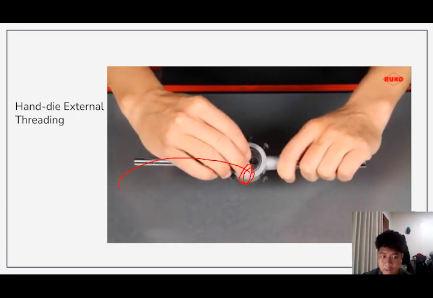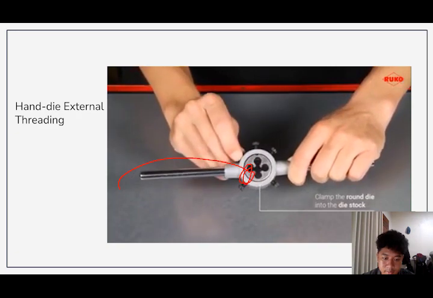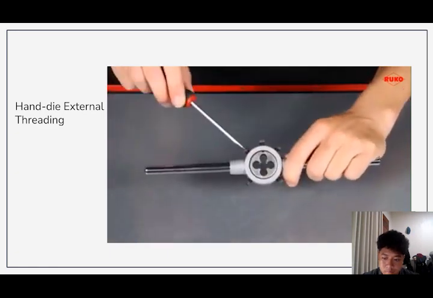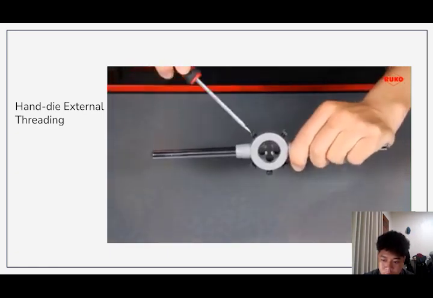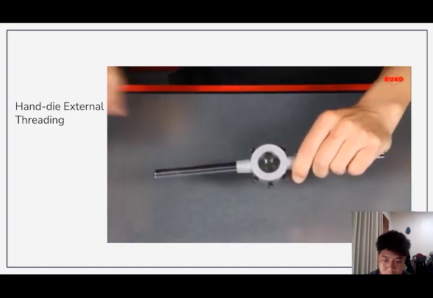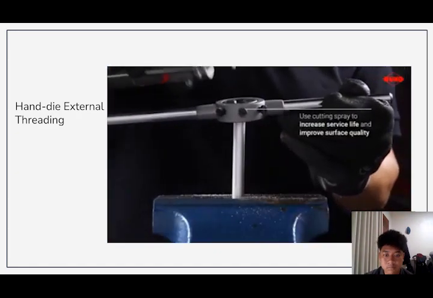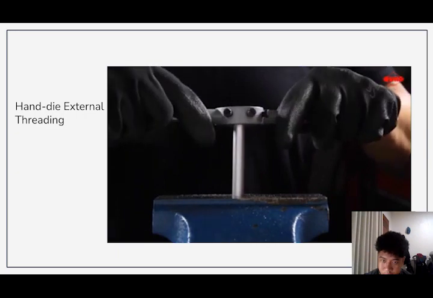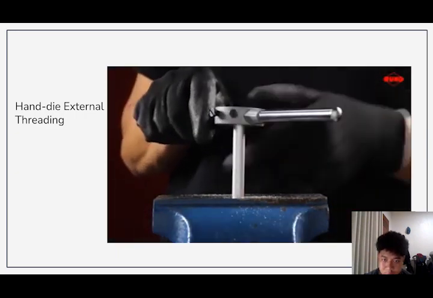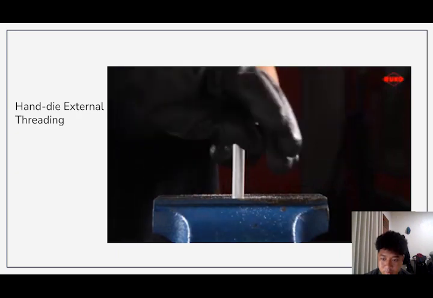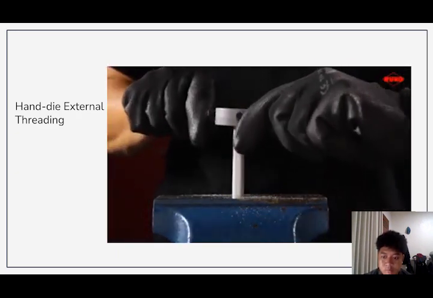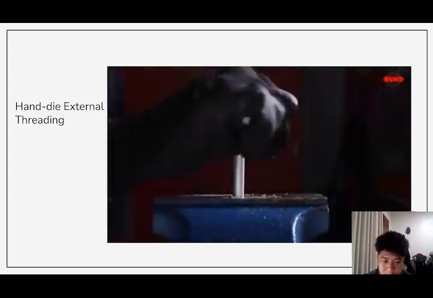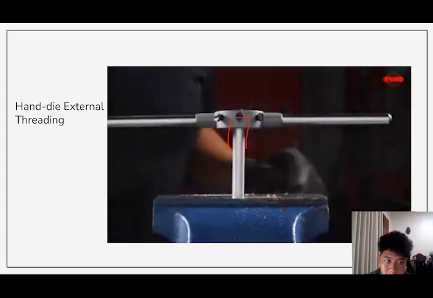This is what we call the die, external die. This is the process of making a thread with hand-die external.